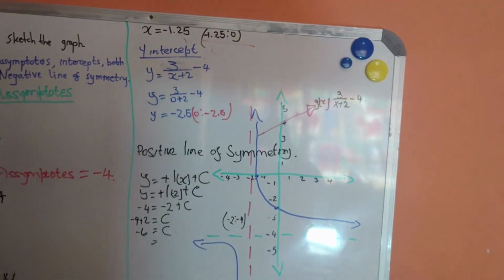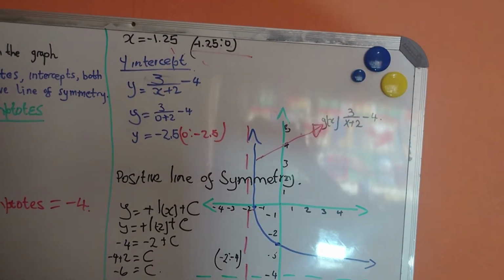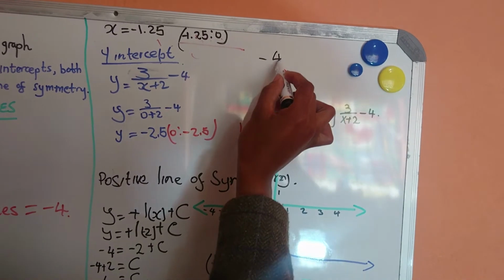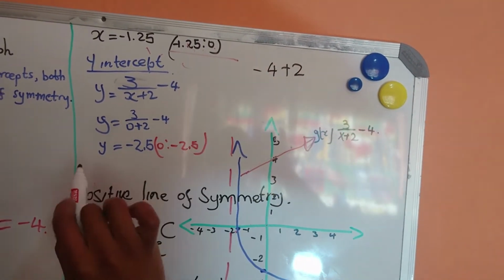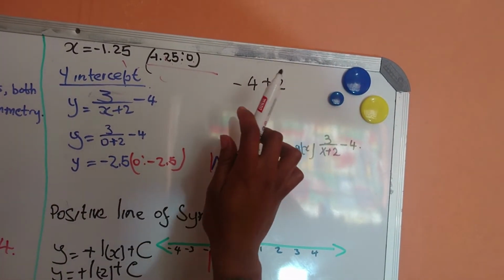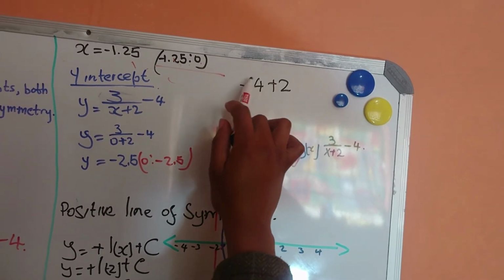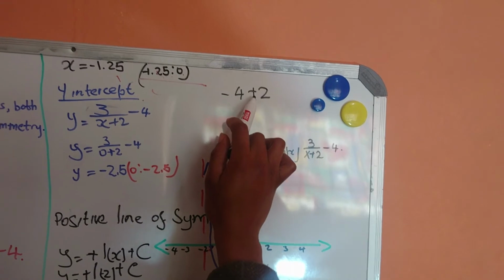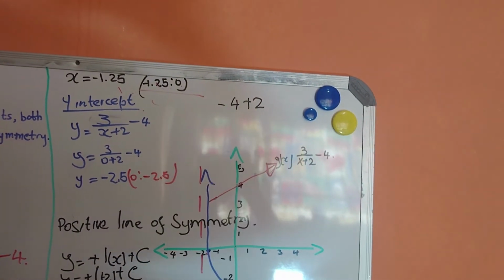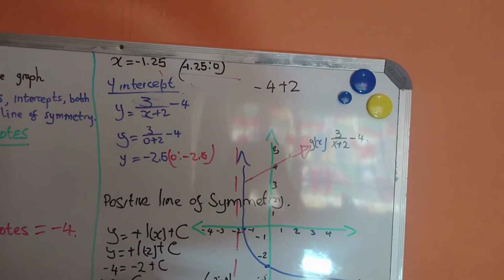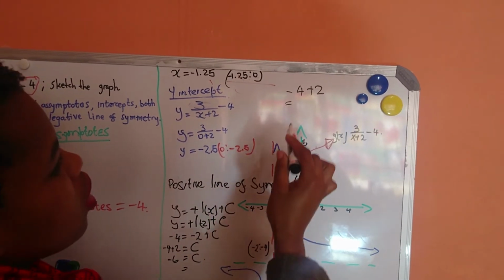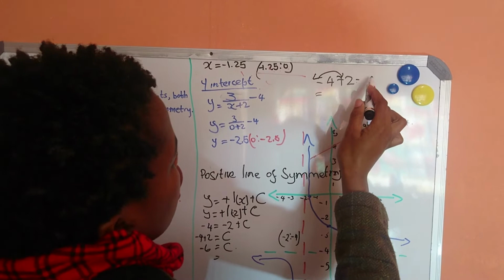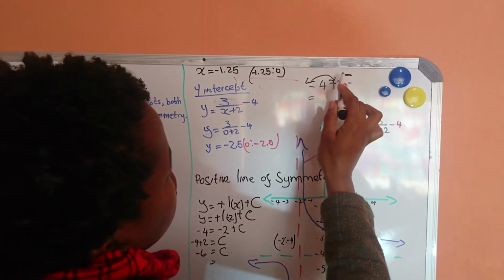-4 plus 2. You can write here -4 plus 2 and see. Okay. Let's go. People watching there. -4 plus 2. If the sign is funny, bang negative.